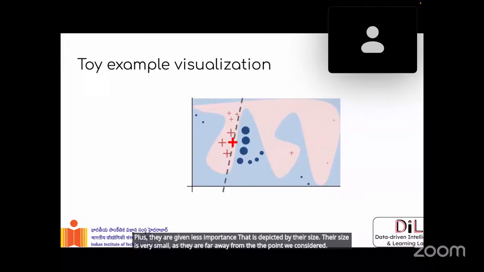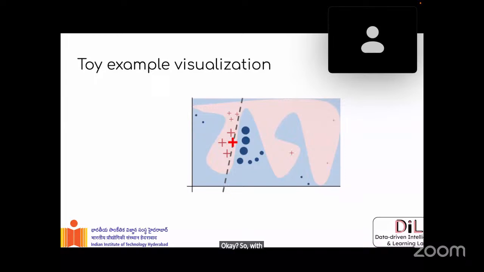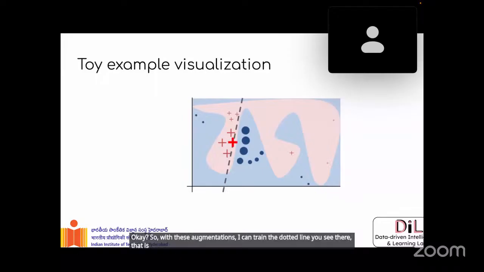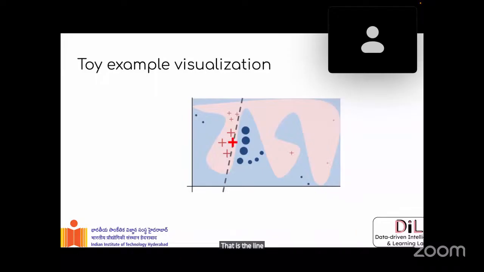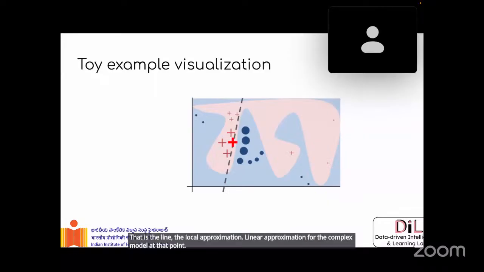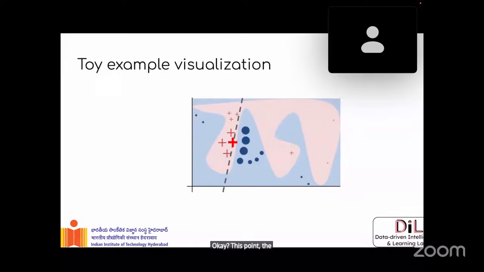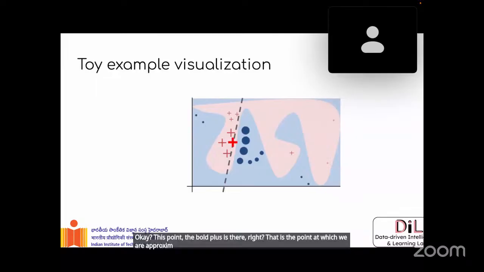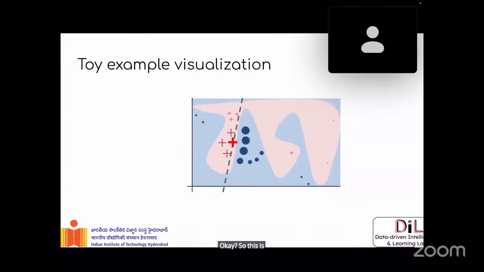Okay. So with these augmentations, I can train the dotted line you see there. That is the result. That is the line, the local linear approximation for the complex model at that point. The bold plus is the point at which we are approximating. We are providing the explanation for the model. So this is how it can be trained.